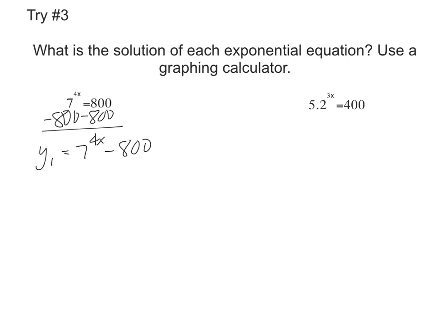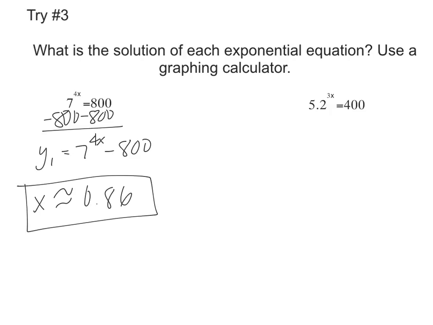After you type that in, you'll do second trace, go to 0, and then do left bound, right bound. On this one, you should get about x is about 0.86 if I round to nearest hundredth.